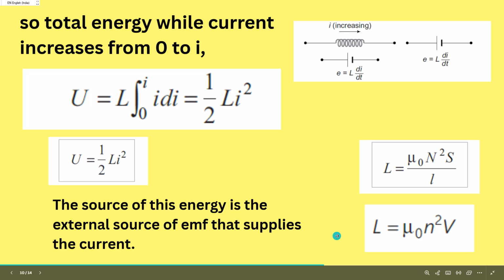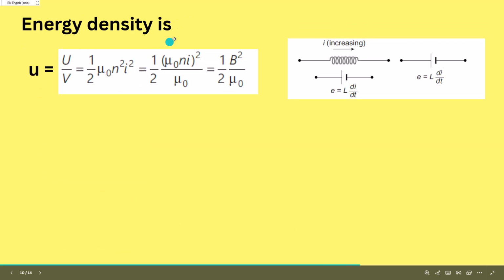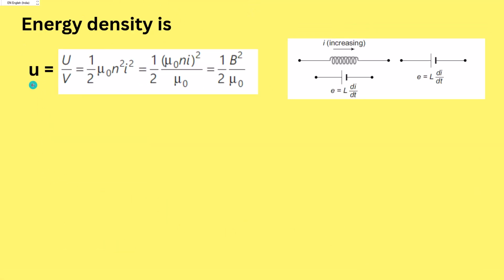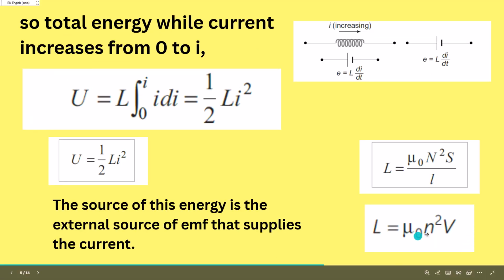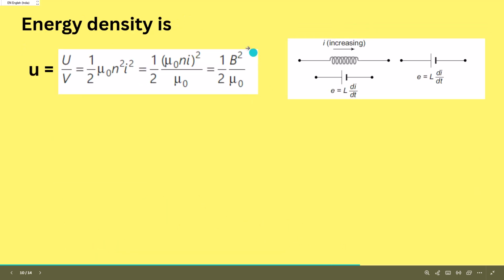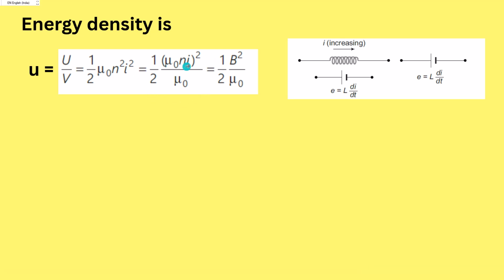Okay, so using this, the energy density, small u, equals the total energy stored per volume. So this is half mu 0 n squared I squared, from the previous expression. When we substitute this value of L in this expression and divide by V, we get half B squared by mu 0.